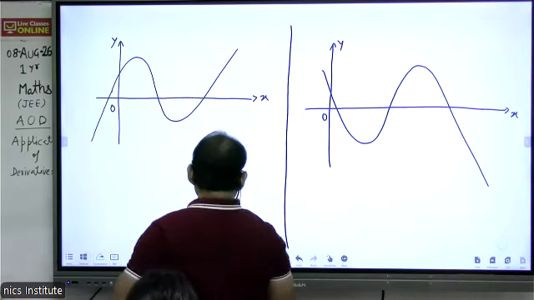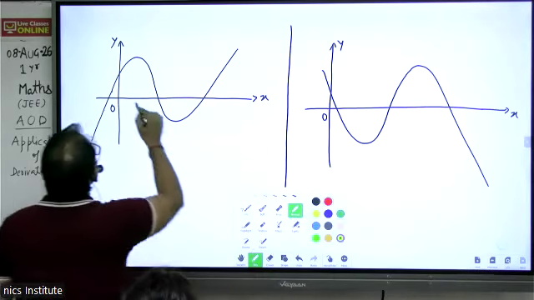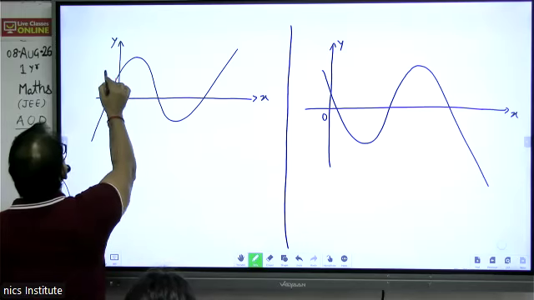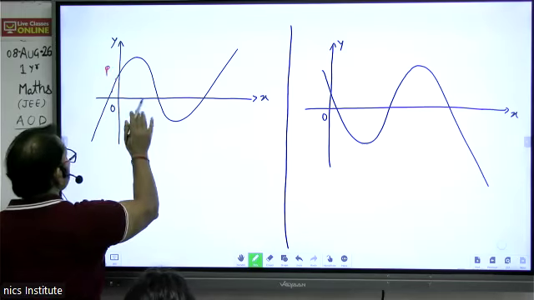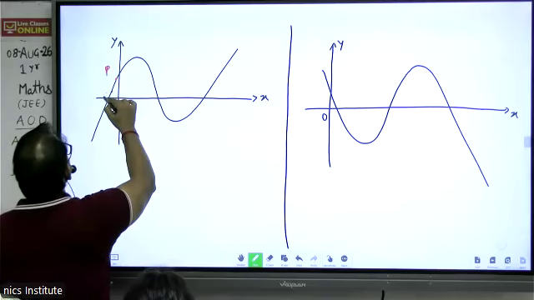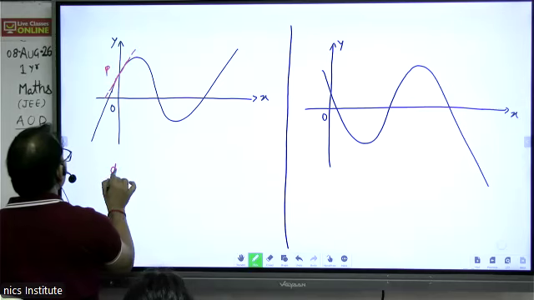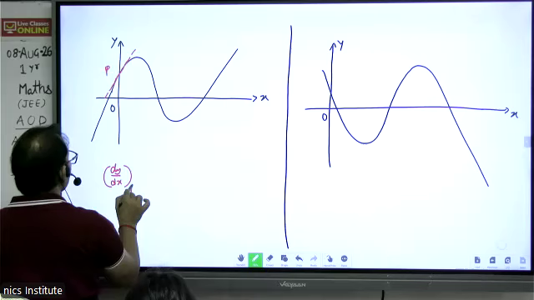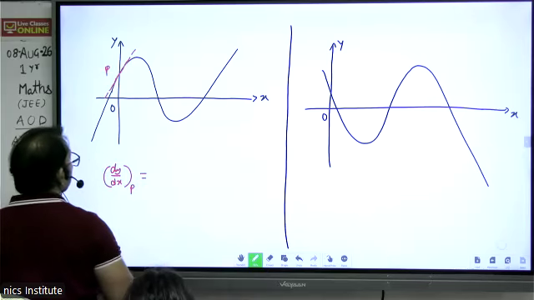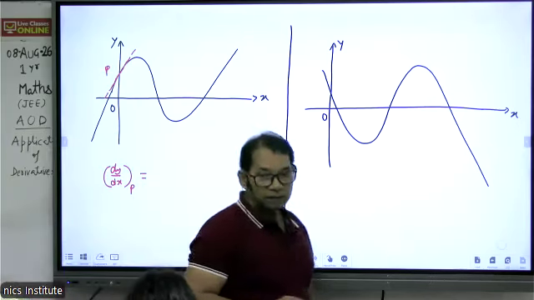Suppose I choose a point, say there's a point P on this first graph, and I find dy by dx at P. So what will be dy by dx at P? Will this number be positive or negative?